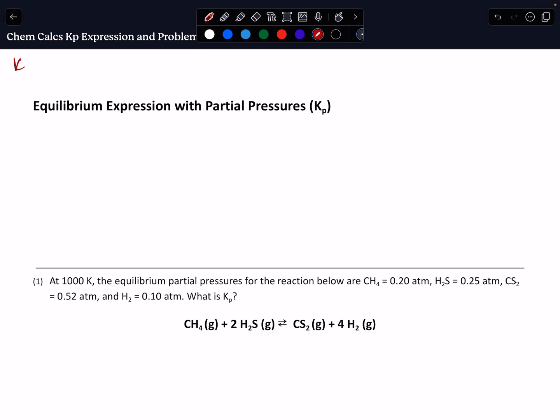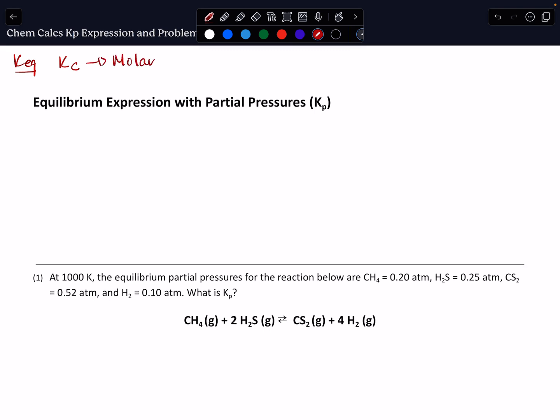All right, so when we have KEQ, we can call it KC, and that means everything that we put in is a unit of molarity. Or we can call it KP, where everything is a partial pressure. Now, you cannot mix and match.